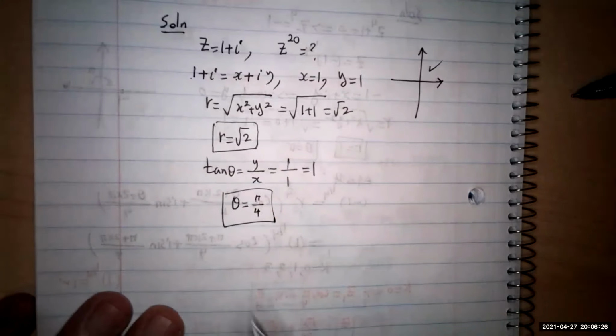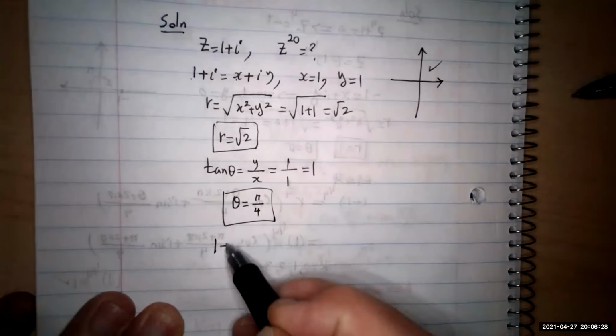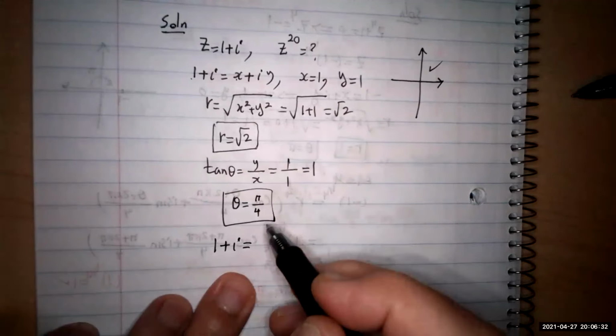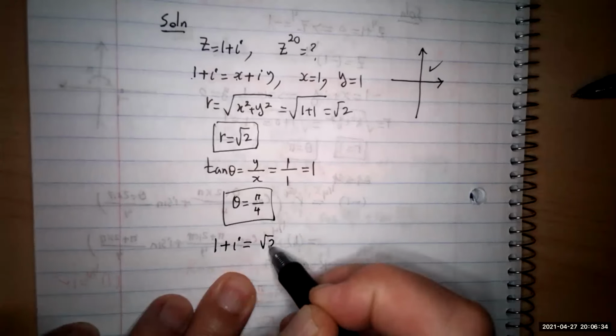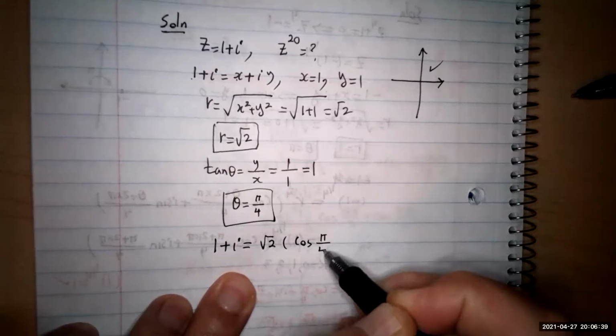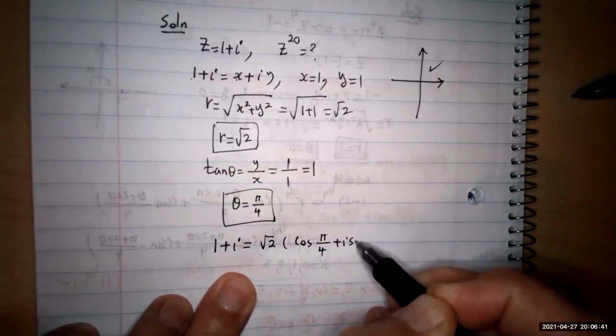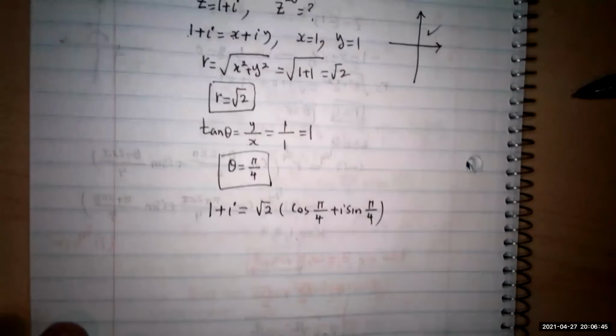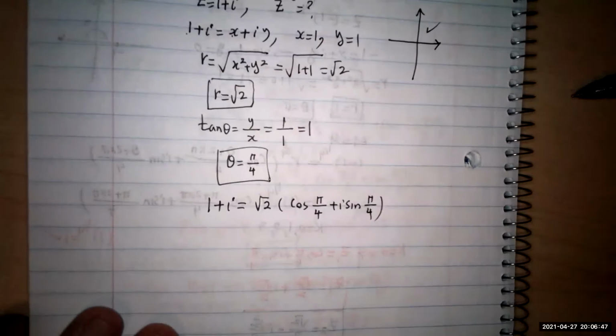So we get z: 1 plus i is going to be r cis theta, which is radical 2 times cosine of pi over 4 plus i sine of pi over 4. This is going to be our complex number. Now you want to raise it to the 20th, so raise both sides to 20.